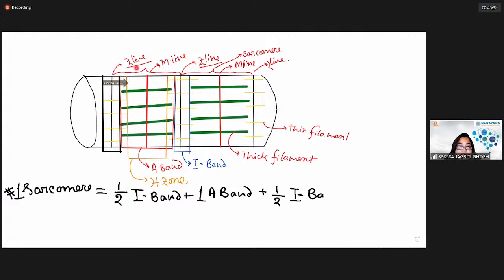I don't know if you are understanding or not. I'm drawing it so you will understand. Half portion inside, okay? And this total A zone. So in a sarcomere, half I band, one A band, and half I band is present. Is it clear?